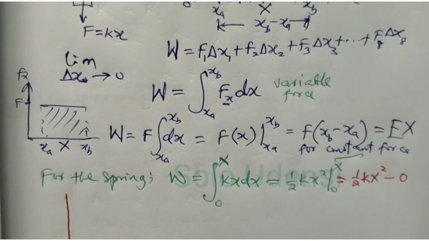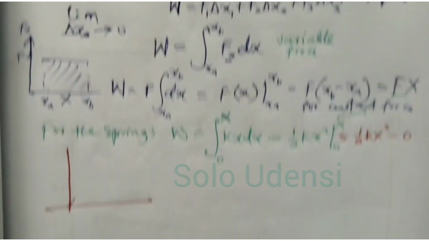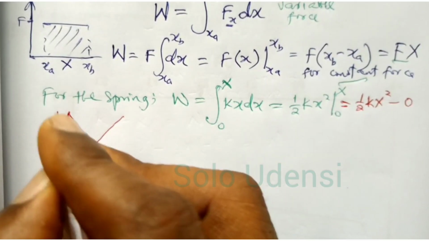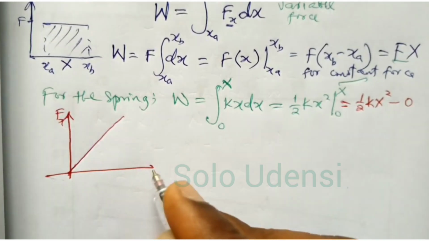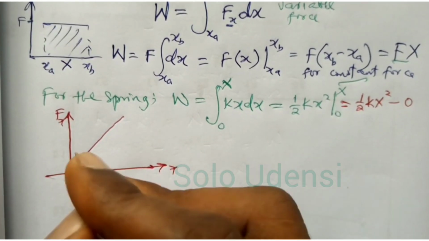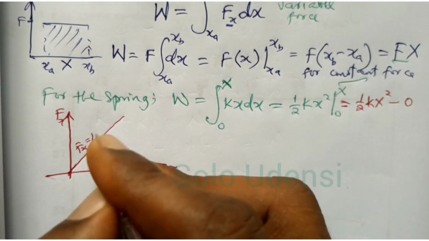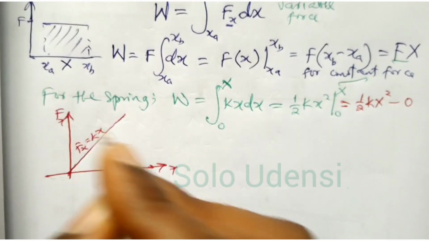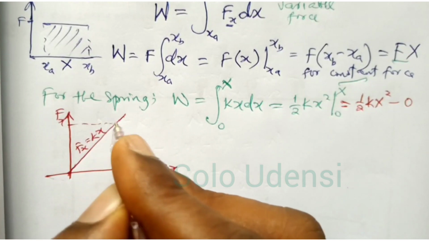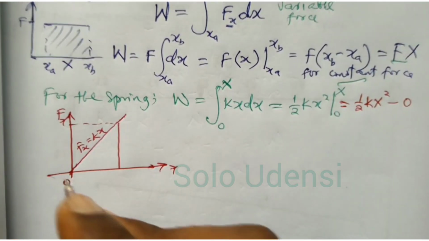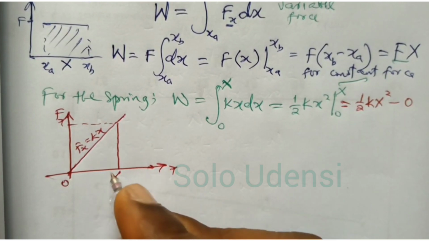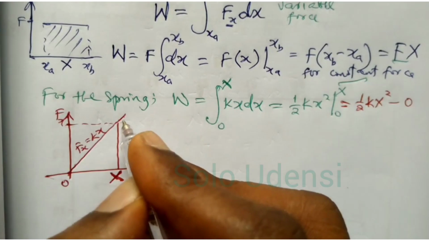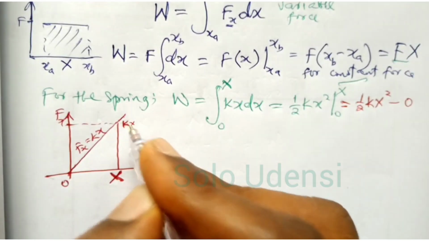So it means we'll have something like this, Fx and x. So this is Fx equal to kx. Let's assume that is somewhere here. So here is 0 and here is x, capital X, and here is kx, Fx equals kx.